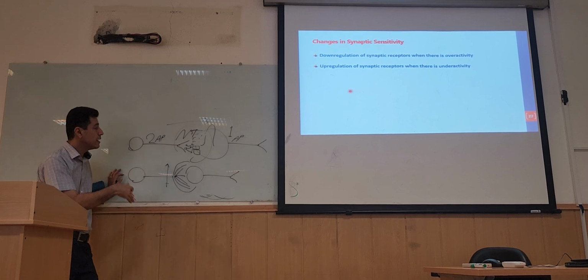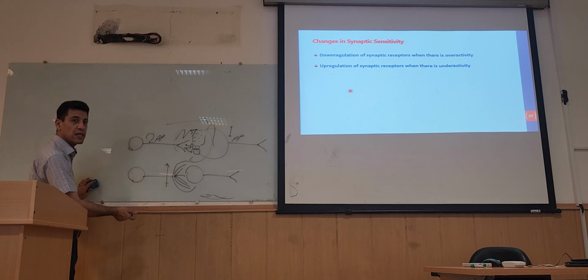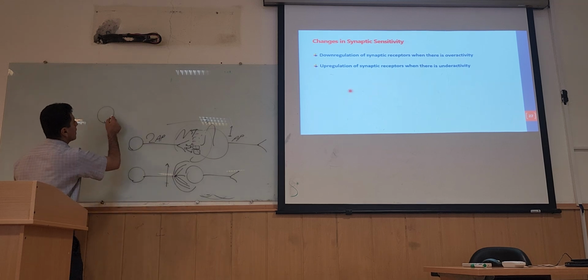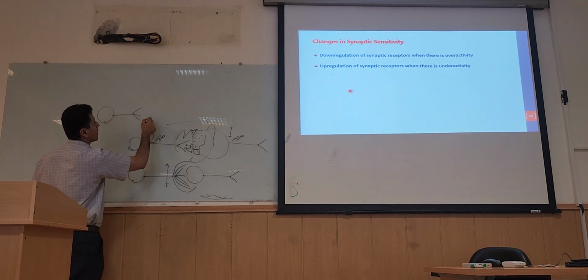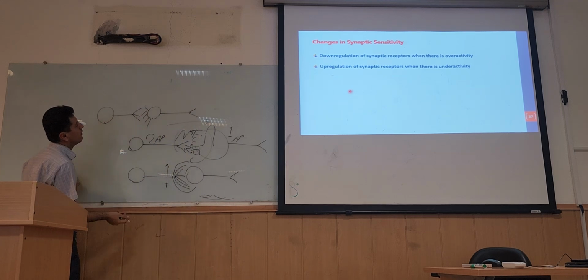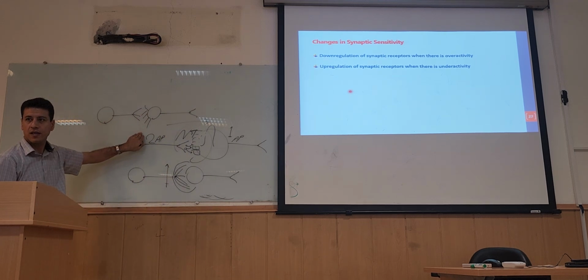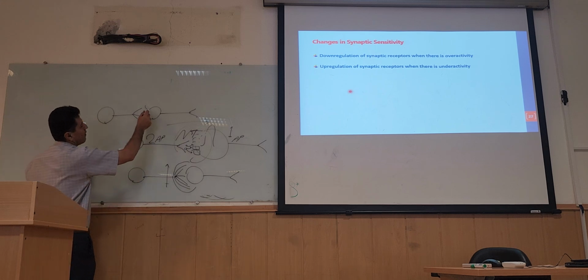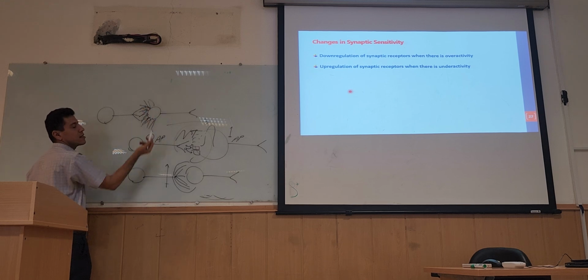Another way is the sprouting of the dendrites. So a cell had a connection with the postsynaptic cells, and there were 5 branches of the dendrite. Now we need more activity, so we have sprouting of the dendrite. So we will have more dendrites.